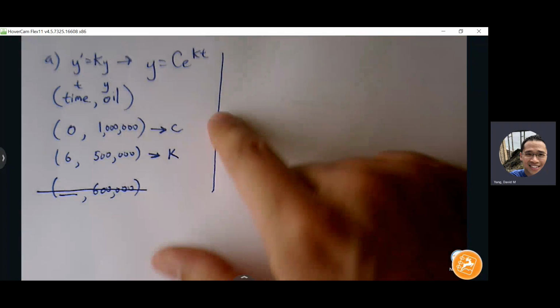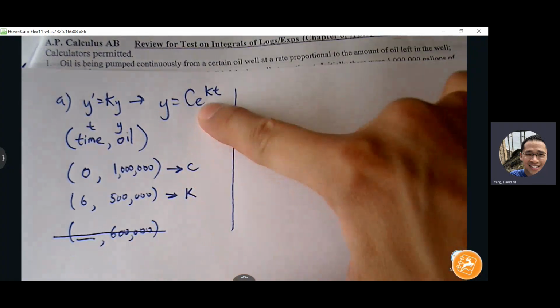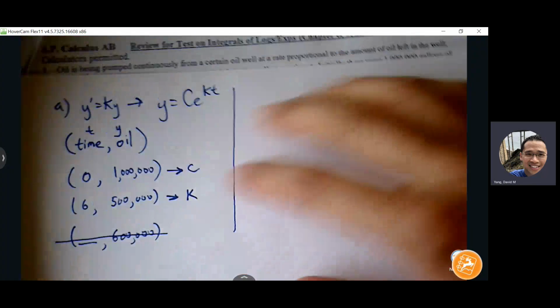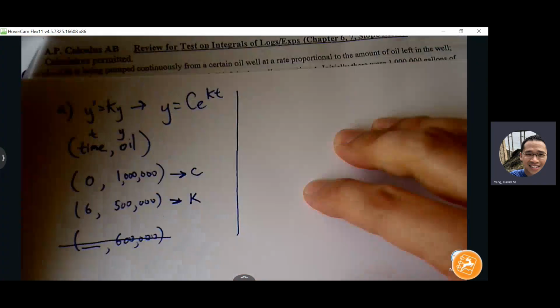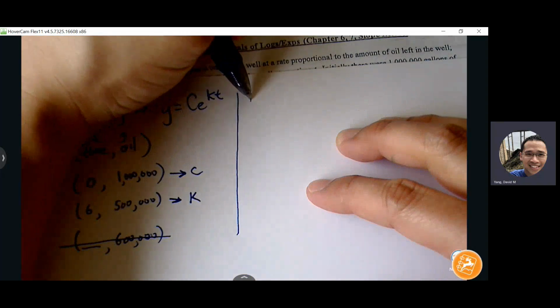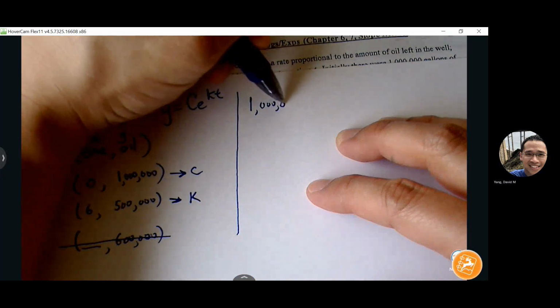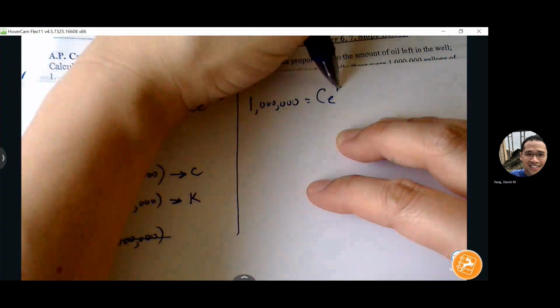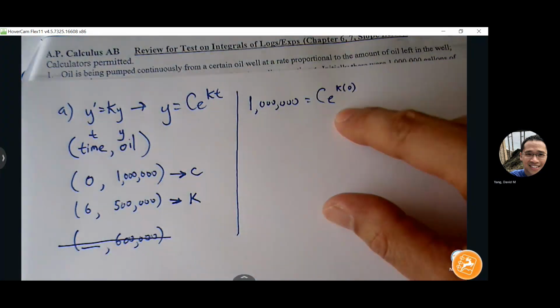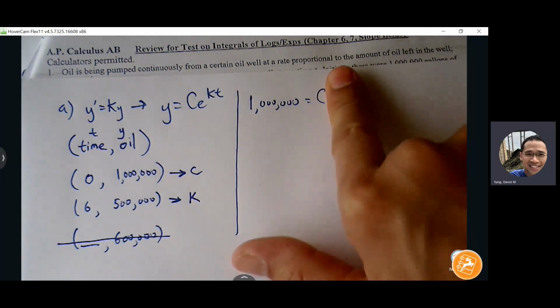Okay, so the 0, 1 million, you can just fill this in for C, but we can also plug in and convince ourselves that this is going to be the C value. We know we can replace y with 1 million. Replace t with 0. E to the 0 is just 1, so that disappears.